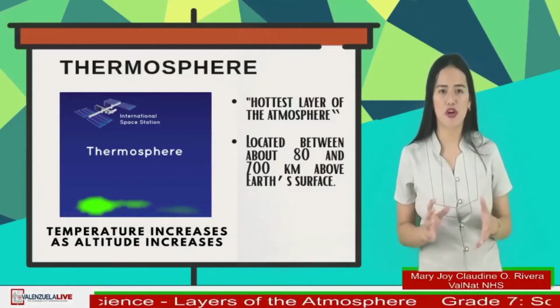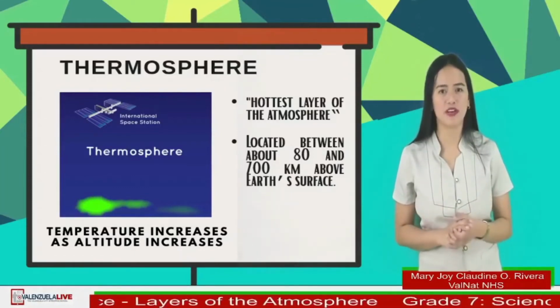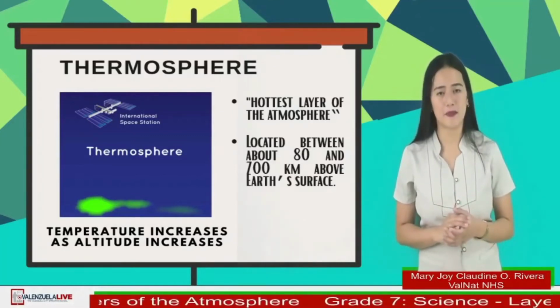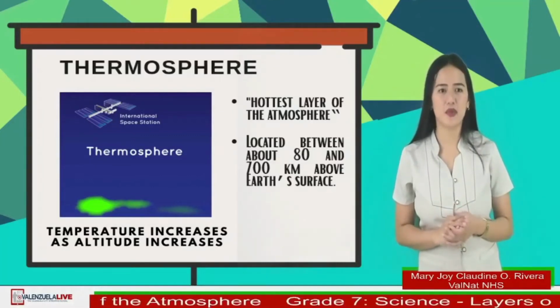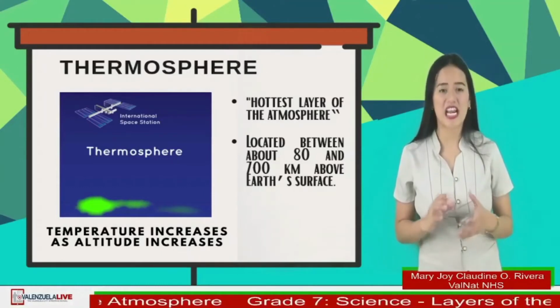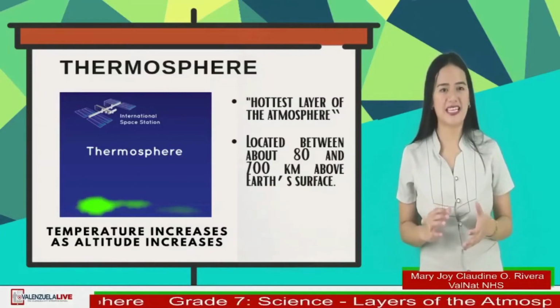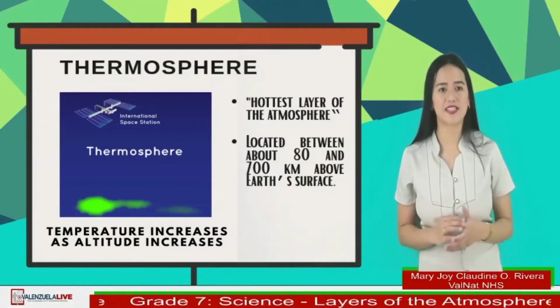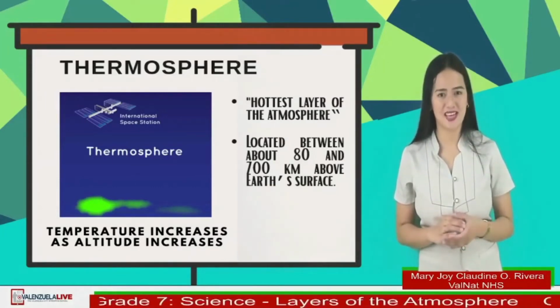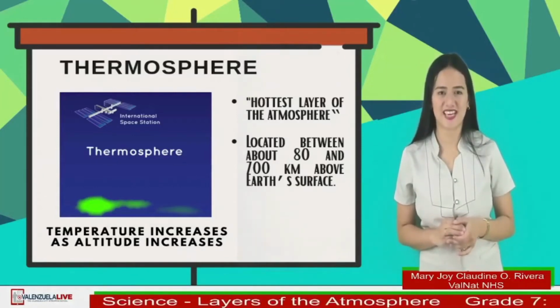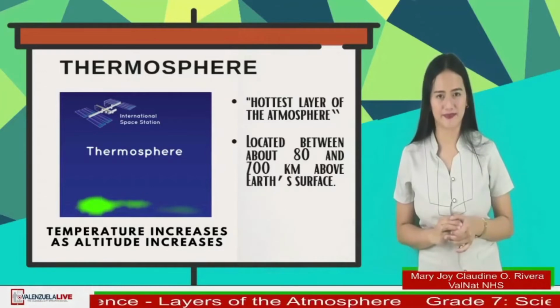Even absorbing small amounts of solar energy can significantly increase the air temperature, making the thermosphere the hottest layer in the atmosphere. The aurora borealis and aurora australis are sometimes seen here. The International Space Station orbits in the thermosphere.